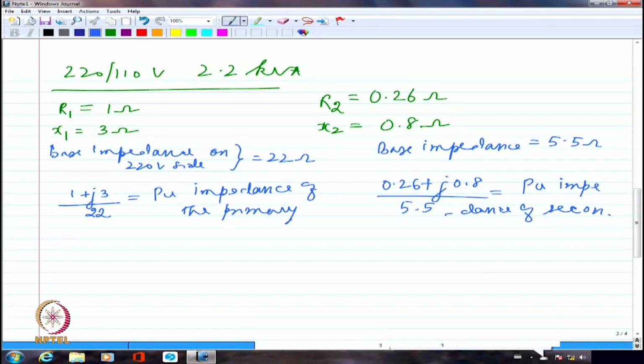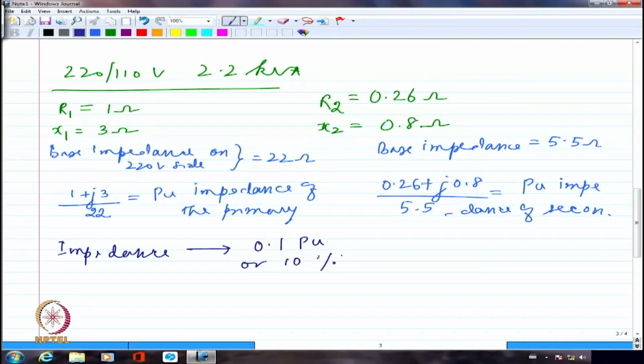Generally, whenever we buy a transformer from the industry, they will only say the impedance is so much percentage, maybe 0.1 per unit or 10%. This is what they will say. What do you mean by this? For that, I had to get into all this discussion. What we mean by this is, I rated multiplied by whatever is my Z equivalent in my transformer divided by V rated.